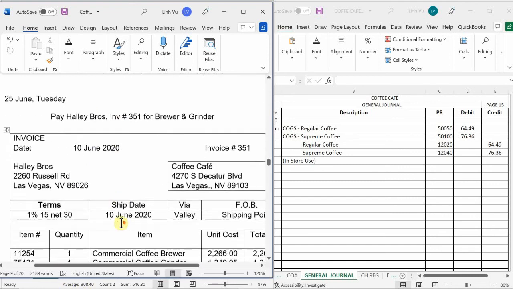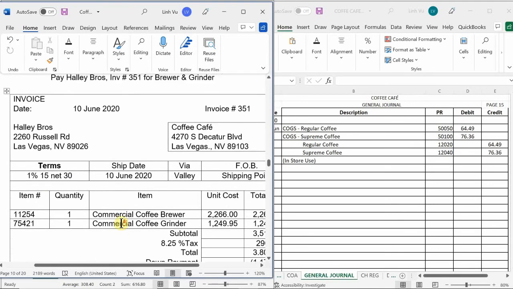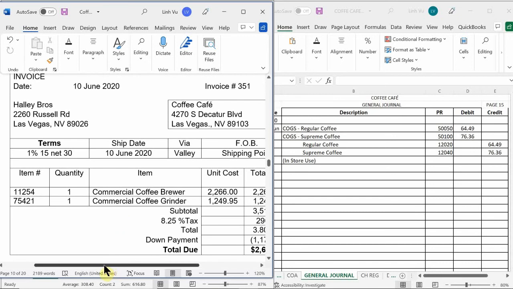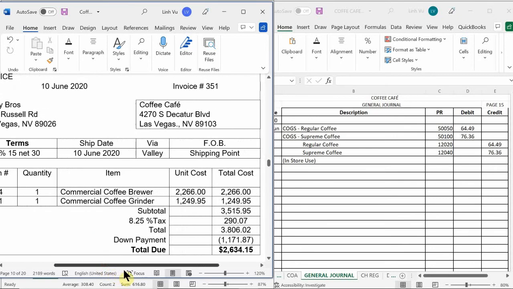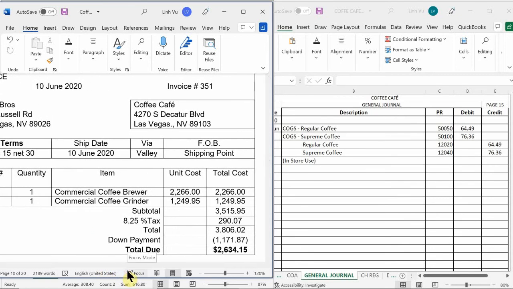So here is a reminder of what that invoice looked like. Okay? So in this case, this is where we made a down payment on our coffee brewer and the coffee grinder.